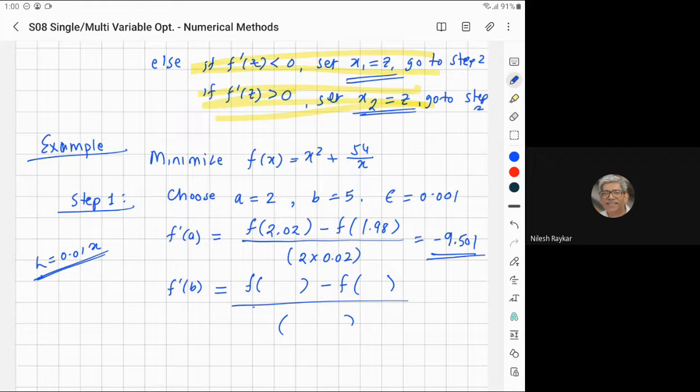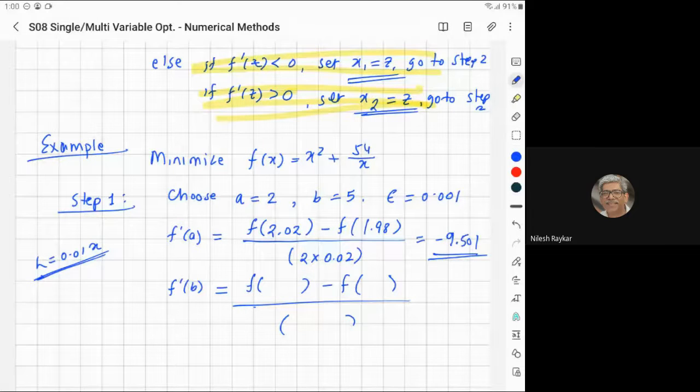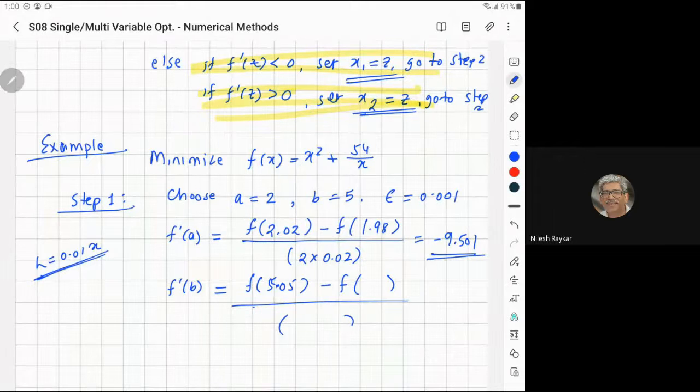Can you tell me the second function term? What will be f of x plus h in this case? And what would be the other value? On the denominator you will have 0.05.